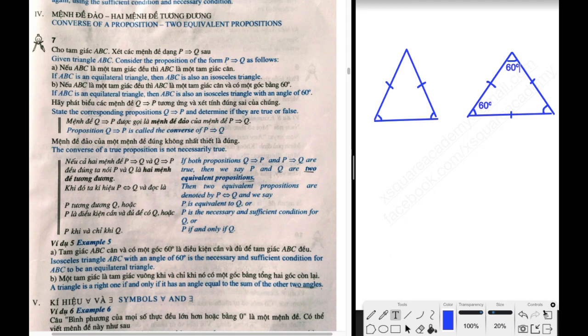So this is called an isosceles triangle, and this is called an equilateral triangle.